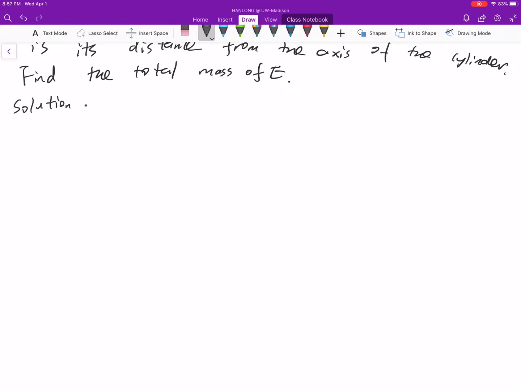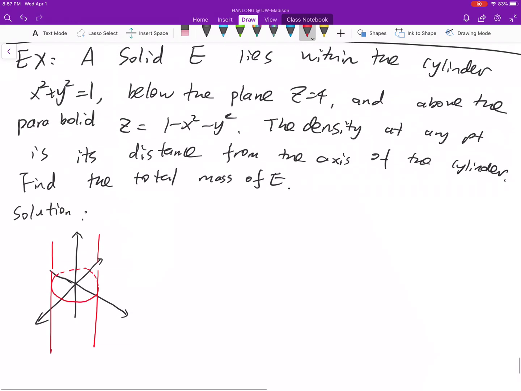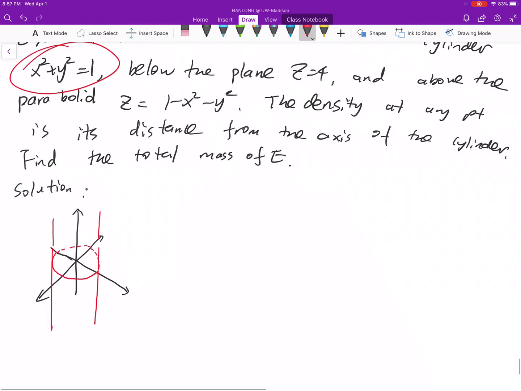Okay, as usual, we first draw the picture. So first you have a cylinder given by this, and then you have a plane. I will draw the plane later.